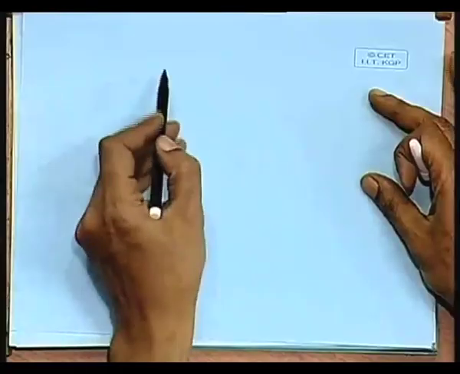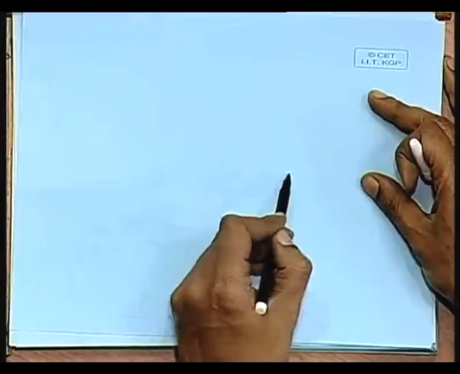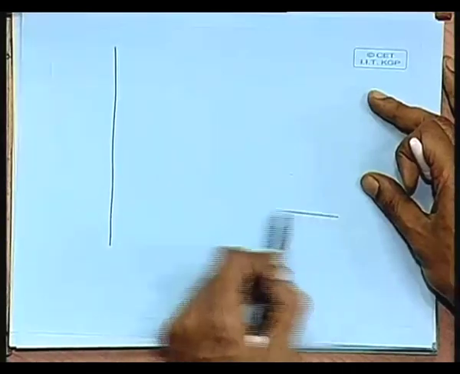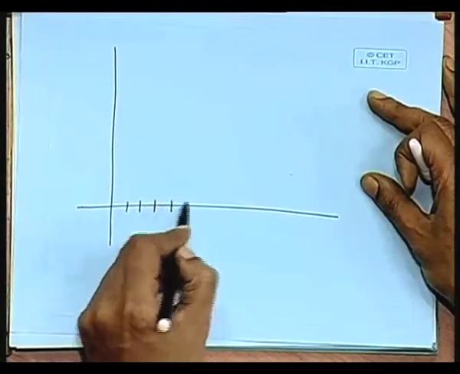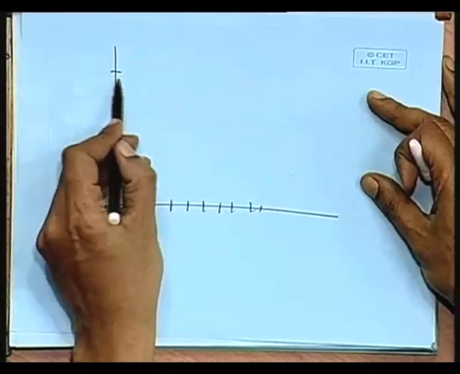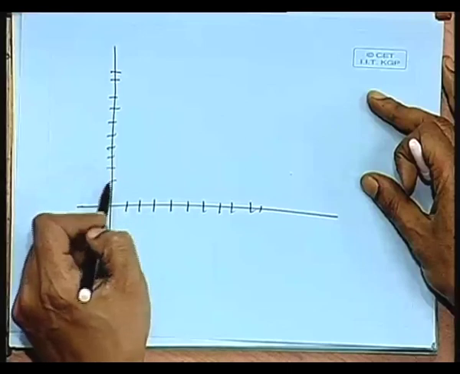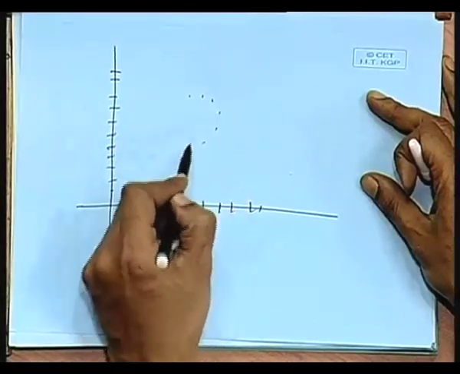Number two is that this is not enough. Pictorially, it becomes interesting to see that suppose you have a random variable, and these are a number of samples. The random variables take values in this region.